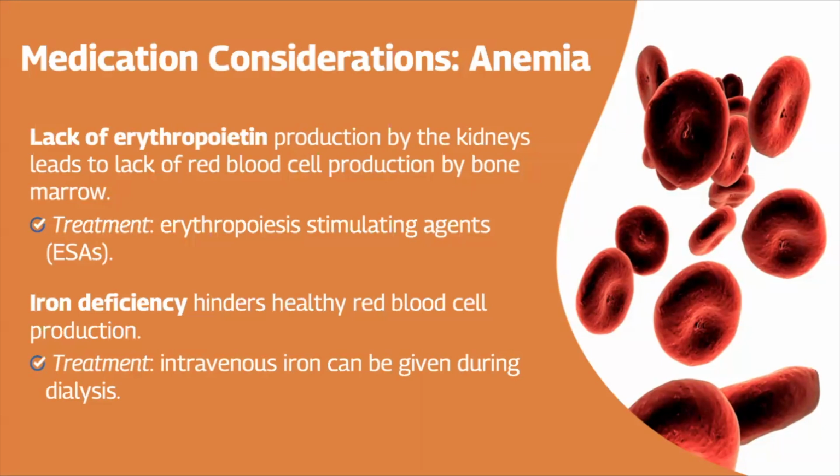Since the late 1980s, we have been able to replenish the hormone with erythropoietin stimulating agents. There are many forms, and they are injectables, and we also can give iron because iron deficiency is common in our patients. It hinders the red blood cell production also. So we give IV iron during the treatment when it is ordered by the provider.